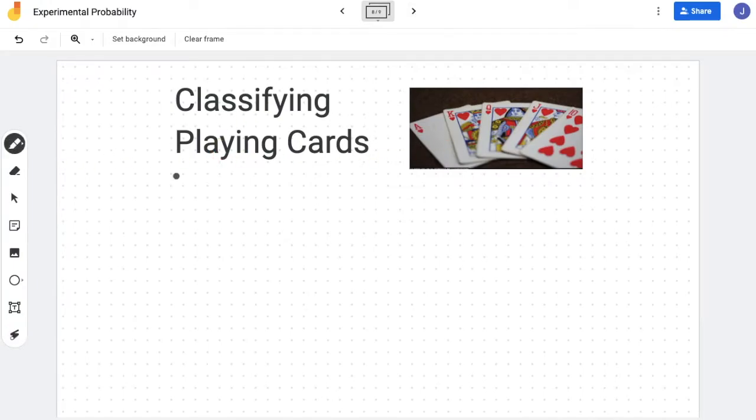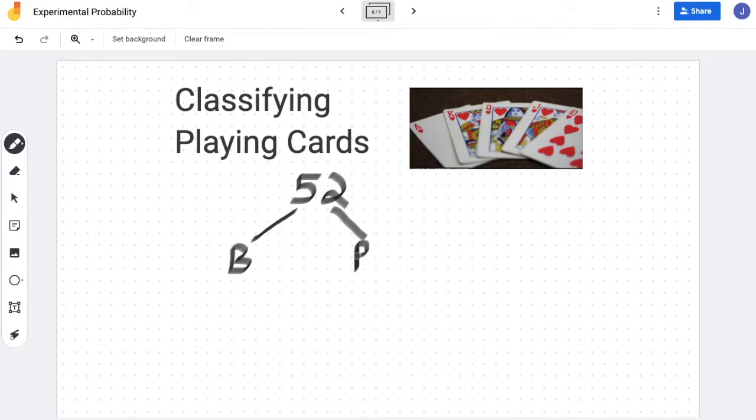In classifying playing cards, we can do this a number of ways. We can sort them into a number of categories, which could be used for a Venn diagram. One way to do this is, we know that there's 52 total cards in a deck of cards, and we can divide these first into two groups by classifying them as even or odd, or black and red.